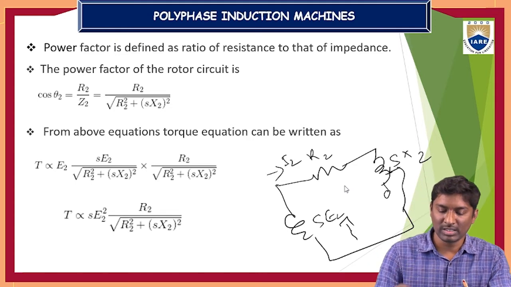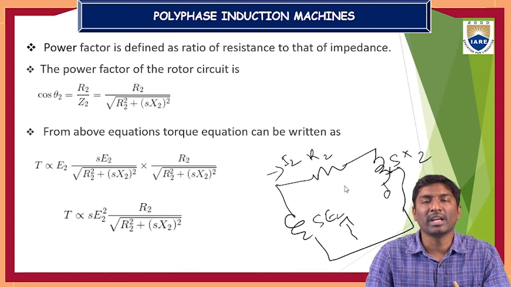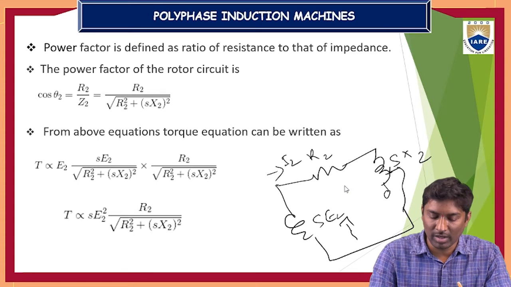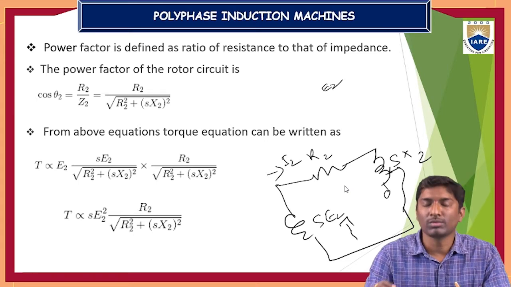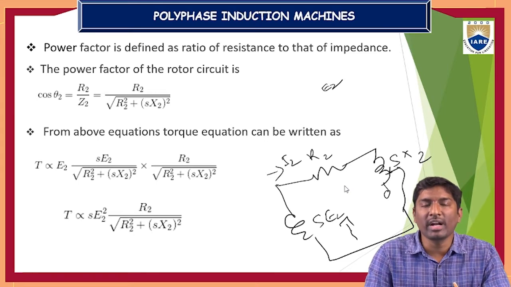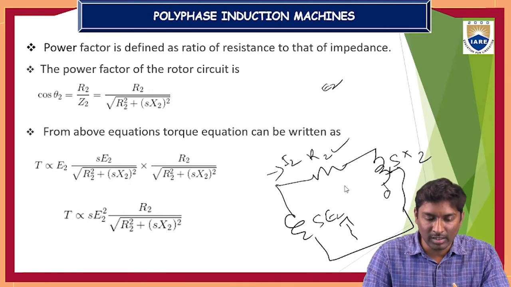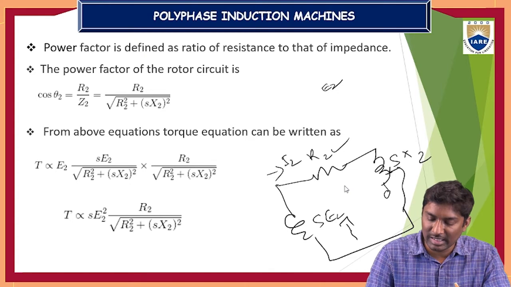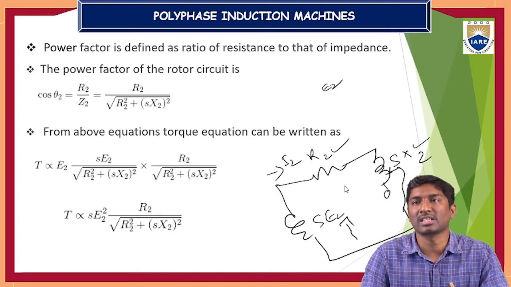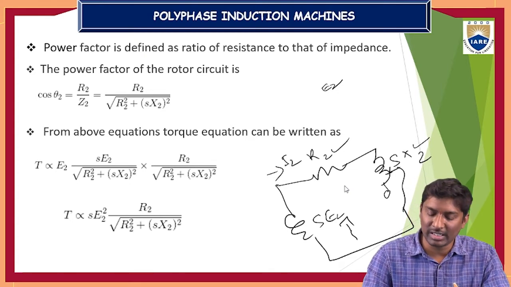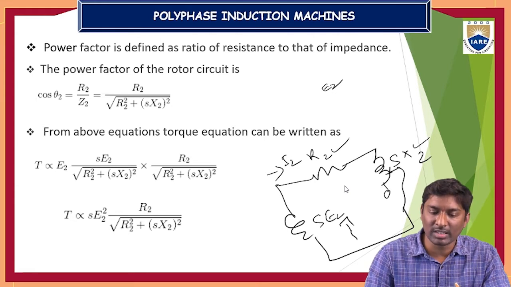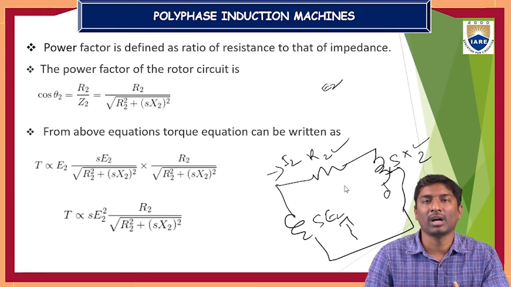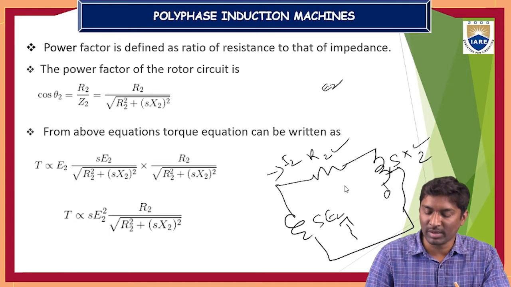At standstill condition, the induced EMF in the rotor is E2, the rotor winding resistance is R2, and the rotor winding reactance is X2. But under running condition, the rotor resistance is R2 and the rotor reactance is multiplied by the slip S, that is S into X2.